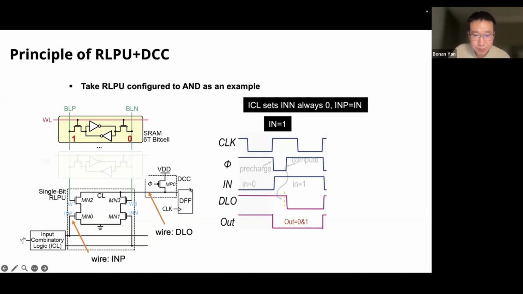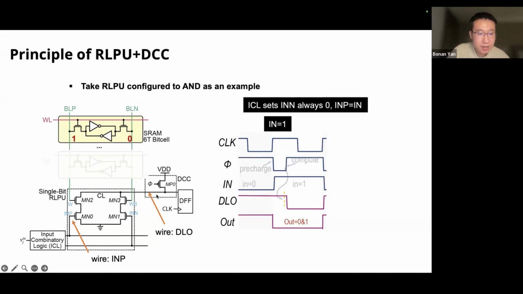And so for the operating principle, first we control the gate of the pull up transistor here to make a pre-charge, so we can make this wire, the DLO, go to the high voltage.